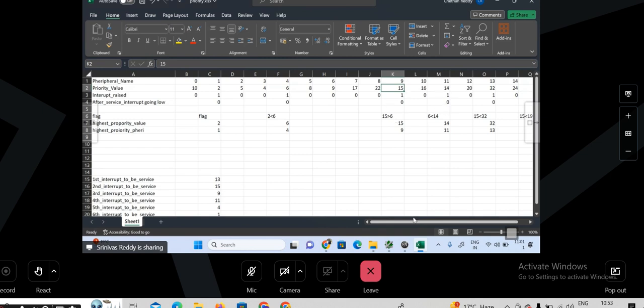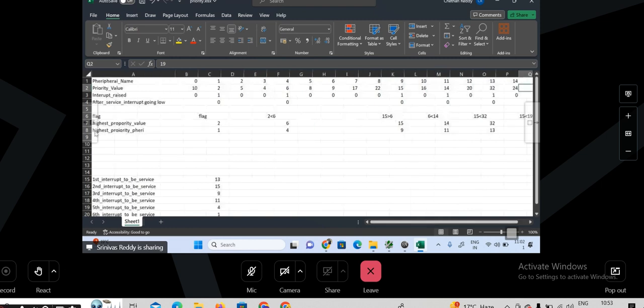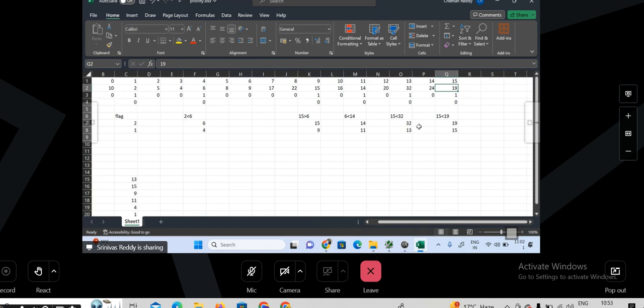Now I'm going through all the peripheral names, 0, 1, 2, 3, 4, up to 15. Correct, 0 to 15. Now from this, where the interrupt is active gets first priority.